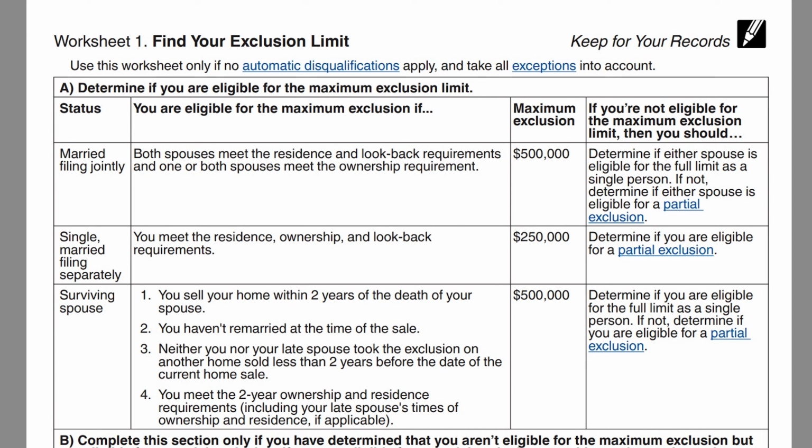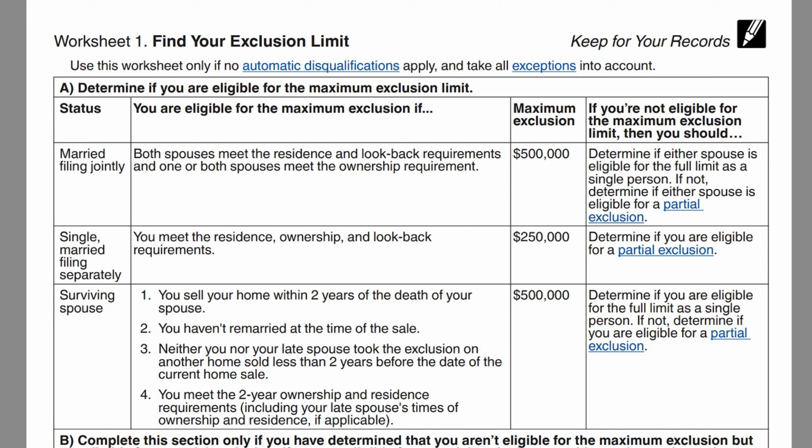So if you bought a house, say in Norfolk, Virginia in 2015, and you lived in it for 2 years until 2017, and you got reassigned to a duty station, let's say San Diego, California.